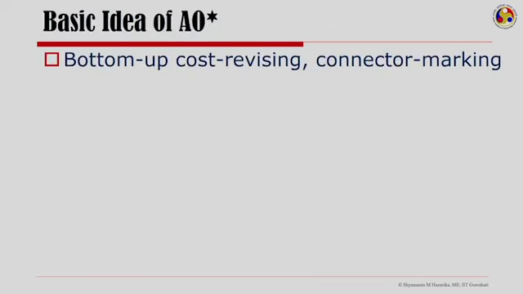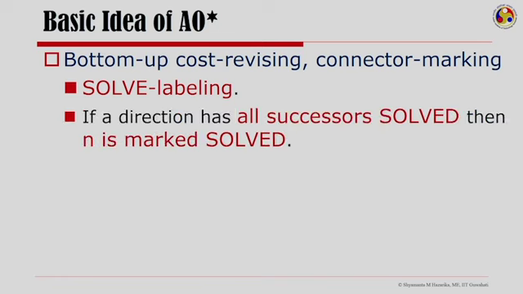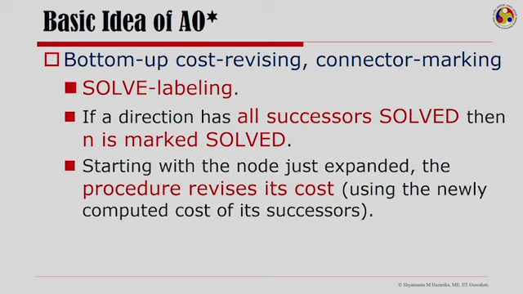So, this is the second portion of the algorithm, the basic idea of bottom up cost revising, connector marking, and solve labeling exercise. In this exercise, if a direction has all successors solved, then n is marked solved.